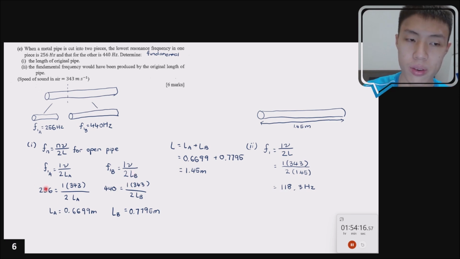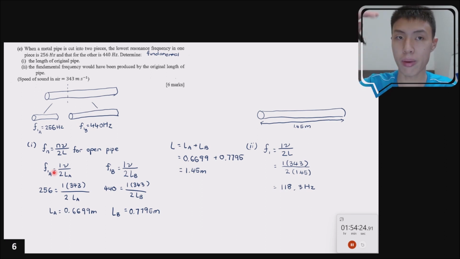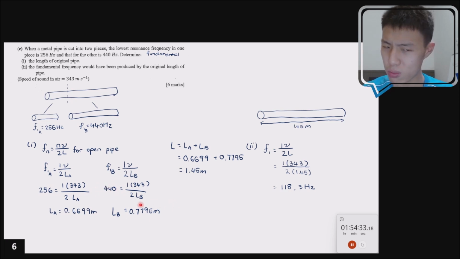For lower frequency, your pipe should be longer. We did an experiment in class where we blow on different types of pipes, right? Shorter pipes, higher frequency, longer pipes, lower frequency. So this is a lower frequency, so this pipe should be longer. This is a higher frequency, so this pipe should be shorter. But it appears that this pipe is even shorter than this pipe, so something is wrong.